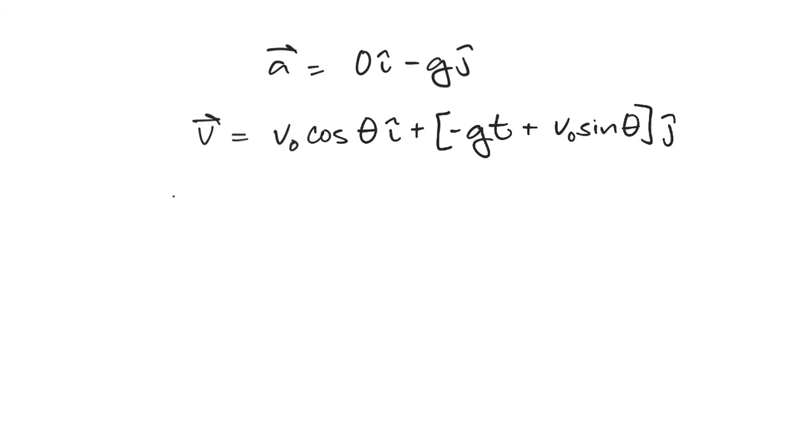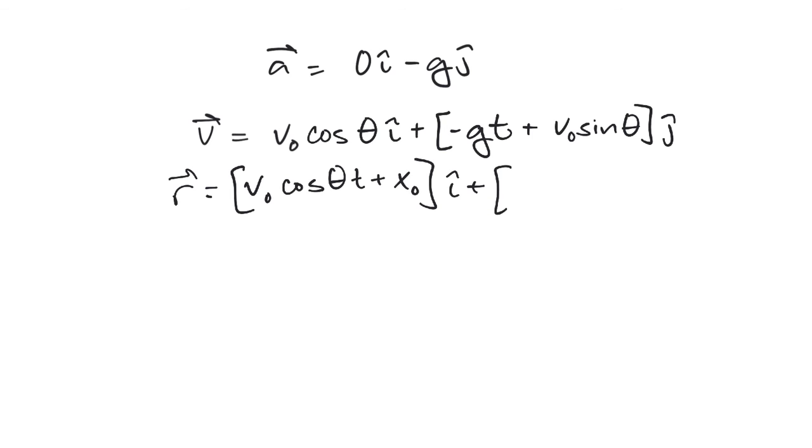And then when we integrate it again, we get v sub naught cosine theta times t, plus our initial x value, in the x direction. And then that was plus negative 1/2 gt squared plus v naught sine theta times t plus y naught in the j direction. So now we've only got this as a function of the velocity naught and the angle, for when you know those, rather than the x and y components of the velocity naught.